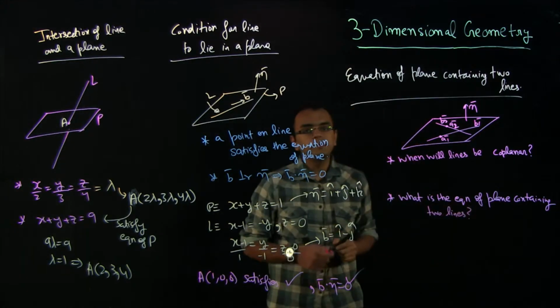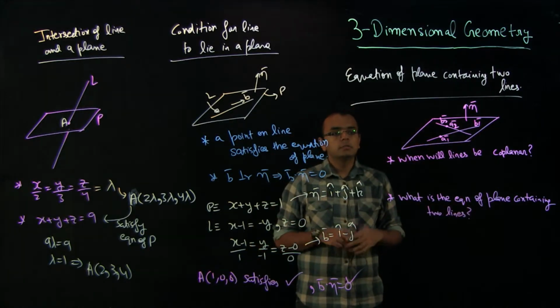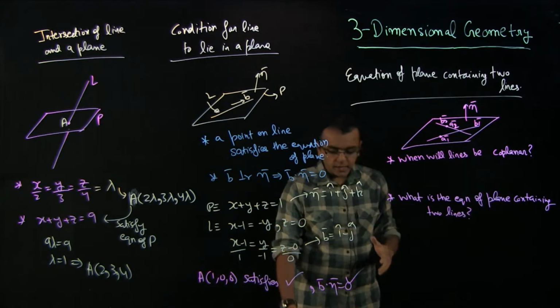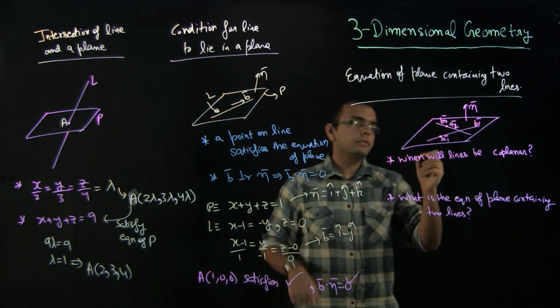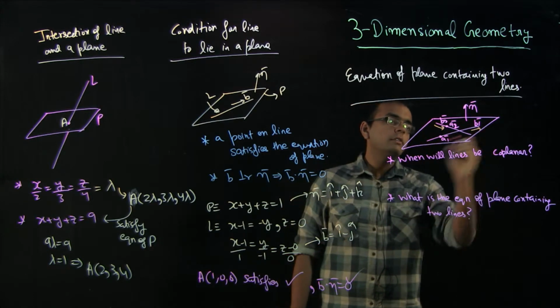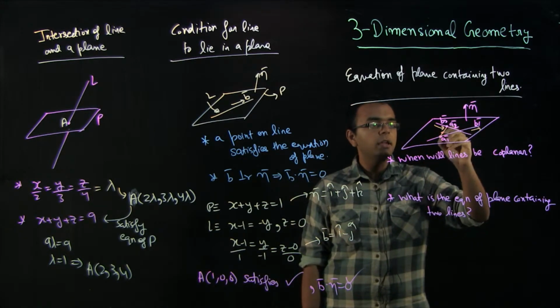Okay, there are two things we want to answer. So when will lines be coplanar? Coplanarity, vectors, it should be very quick. You have two vectors here, B1, B2 already given to you. The third vector you can quickly see is A2 minus A1.